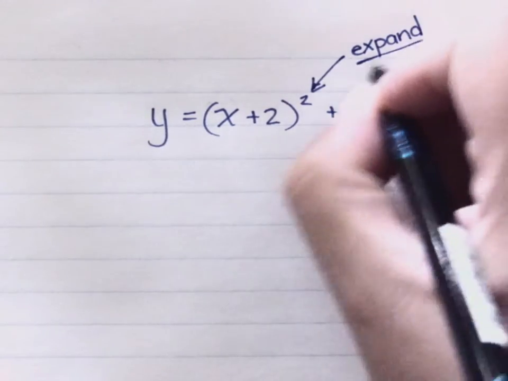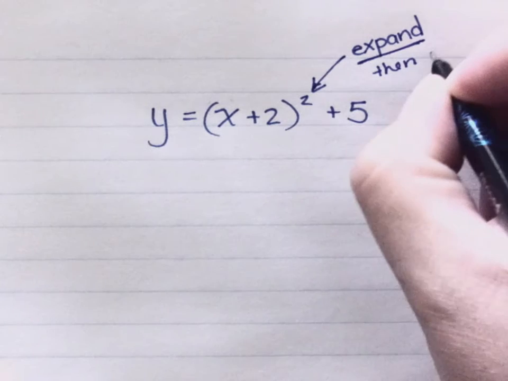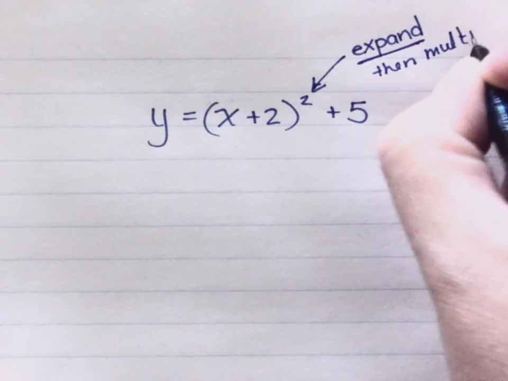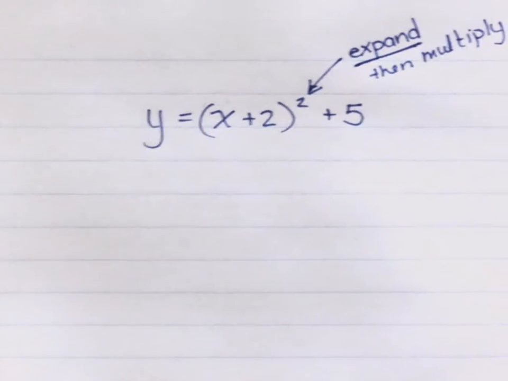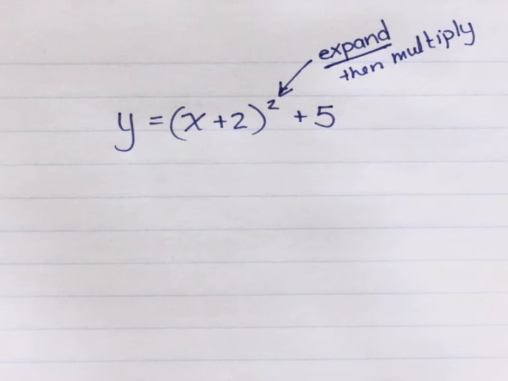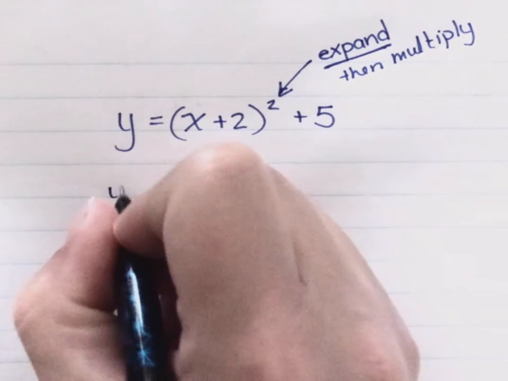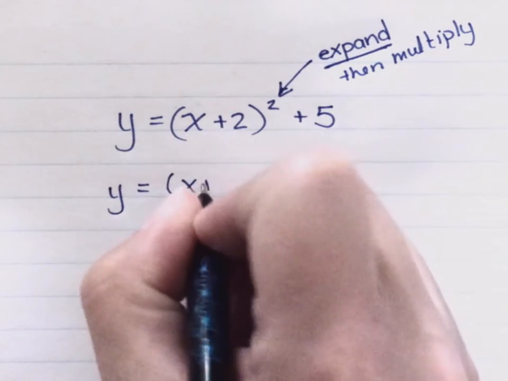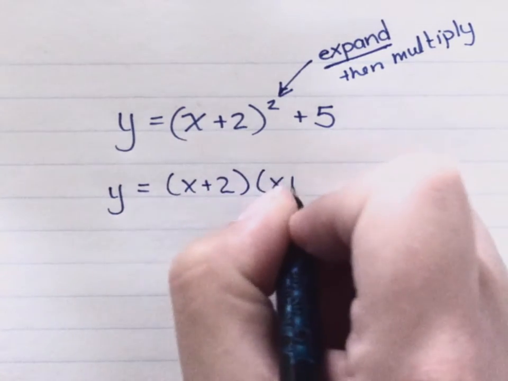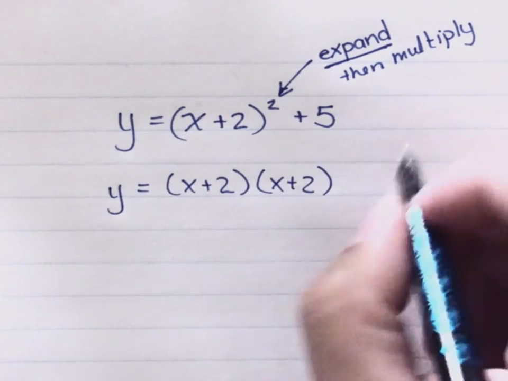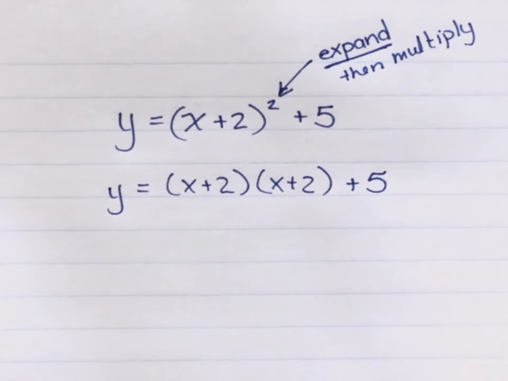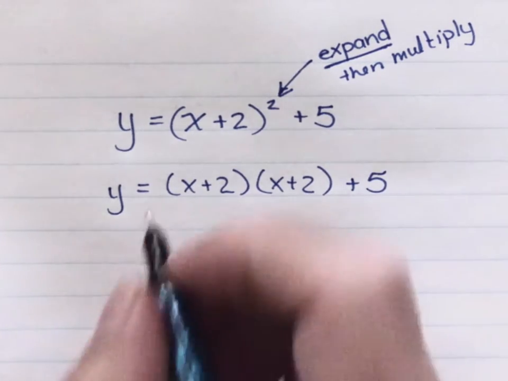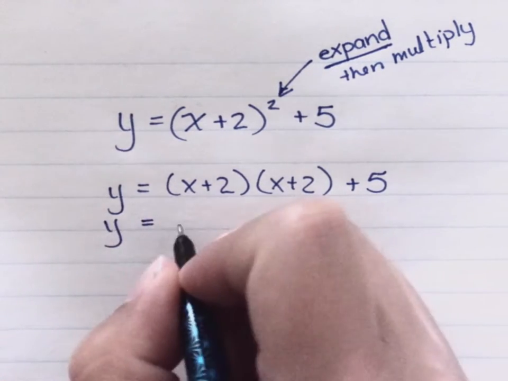So it tells me to expand, then multiply. Do you guys know what that means? To expand and then multiply. So we're going to write that bracket twice. So it's going to be y equals x plus 2 times x plus 2. That's the expand part. And then we go through and we multiply it.